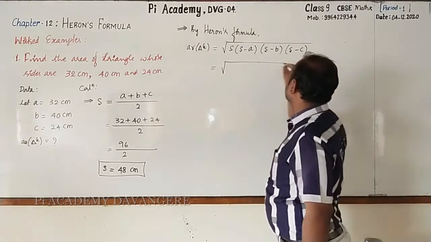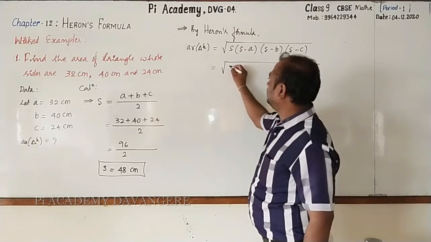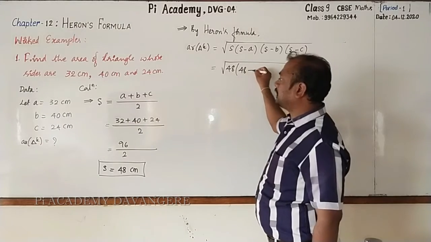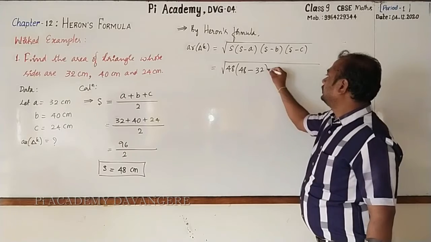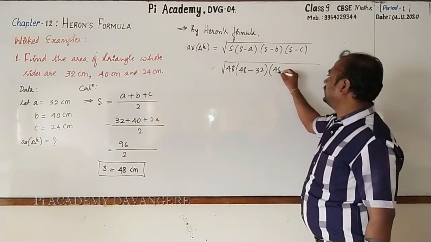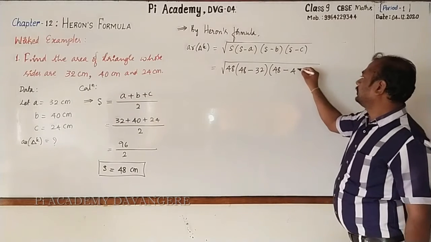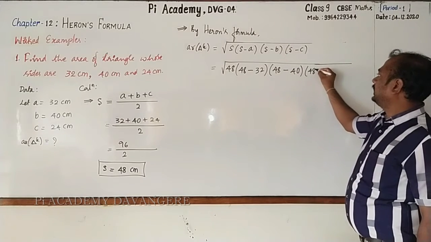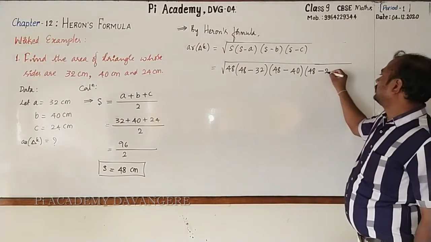It is equal to square root of, where S is 48, then S minus A, 48 minus A is 32, into S minus B, 48 minus B is 40, into S minus C, that is 48 minus C is 24.